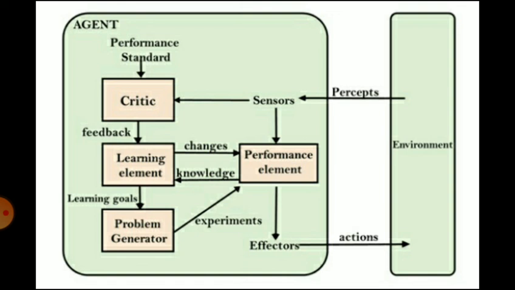So the problem generator suggests various alternative actions that the agent can take, and according to that, the best action will be chosen, and the effectors will take the actions.